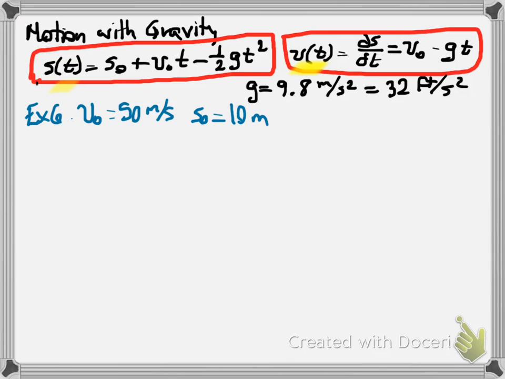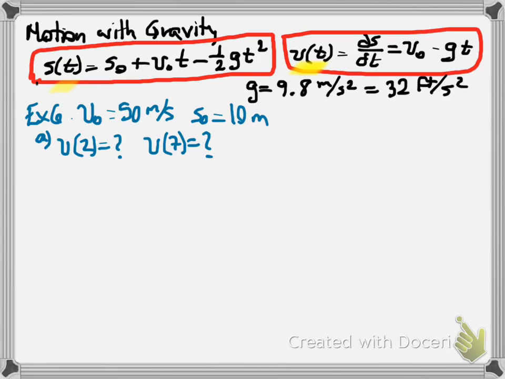You have to find the velocity at t equals 2 and at t equals 7. So letter A, velocity at 2 and velocity at 7, and explain the change in sign.